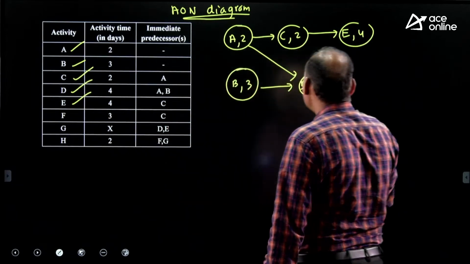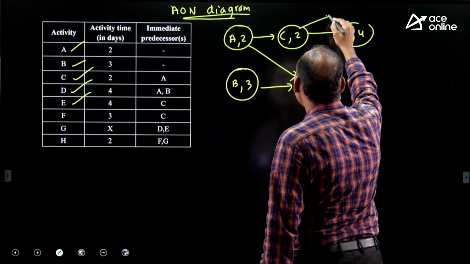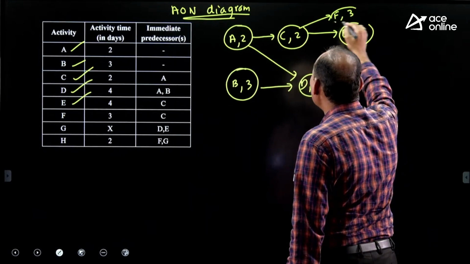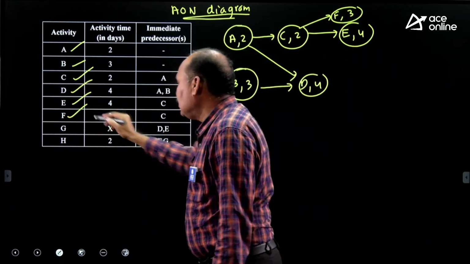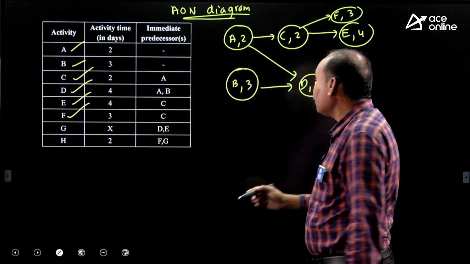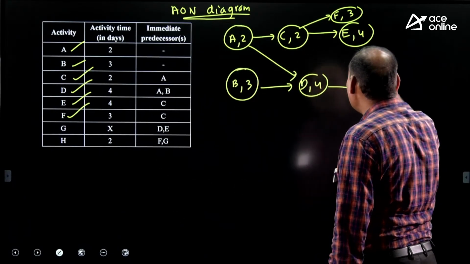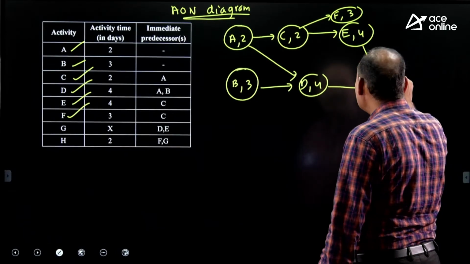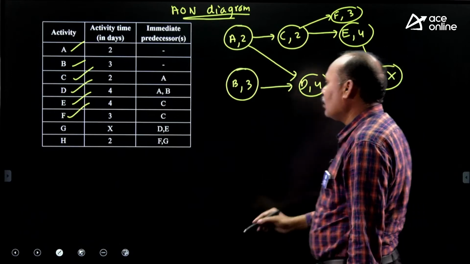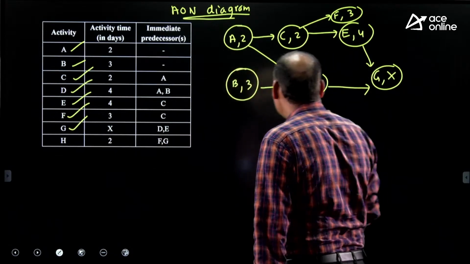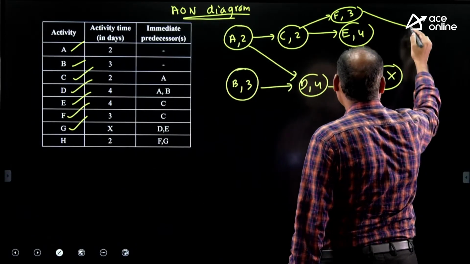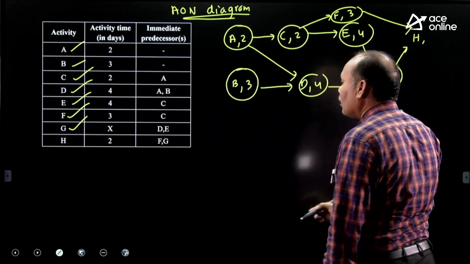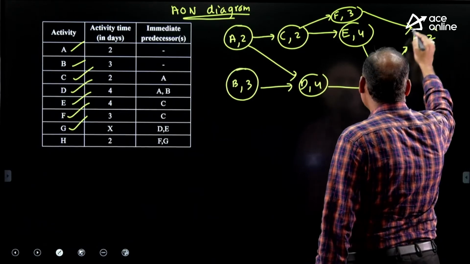F after C, duration of F 3. G after DE, so DE will give G, duration of G X. H after FG, F and G will give H, duration of H 2.